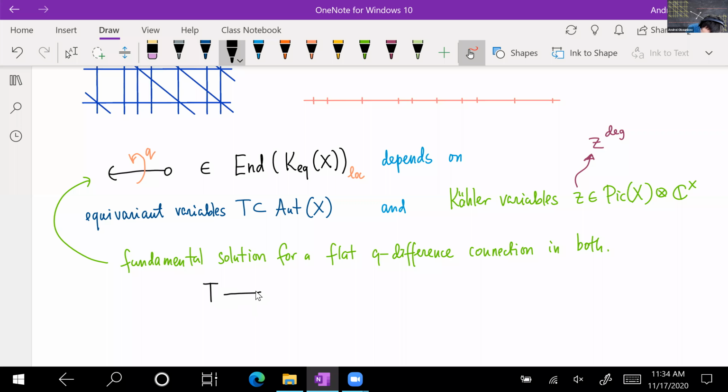So my torus has a character h bar. This is the weight of the symplectic form, and it is how the torus acts. So it's a character of a torus.